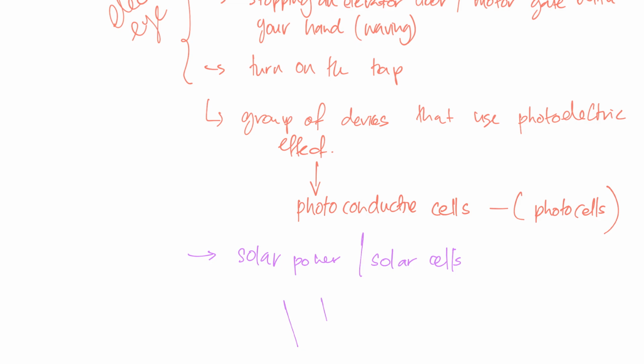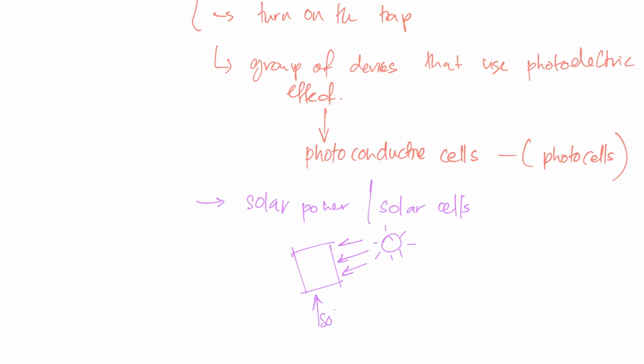So basically, if I had a solar cell and I had the sun, the sun's radiation will hit the solar panel, and when it hits the solar panel, that solar panel will knock off its electrons, and those electrons start to move, and it makes electric current.